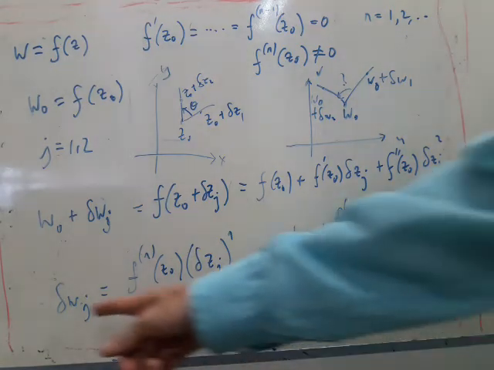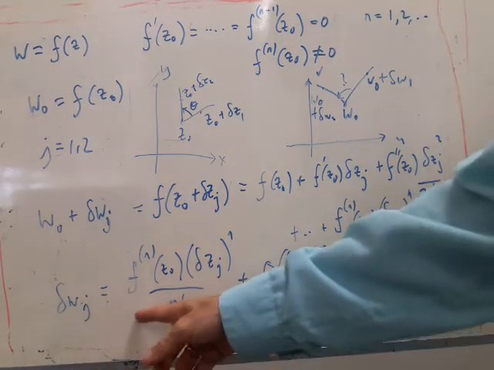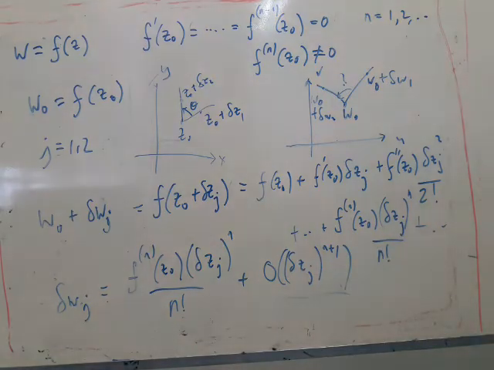Okay, so delta wj, so j is 1 or 2, is equal to this expression.